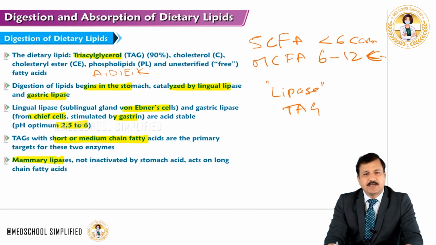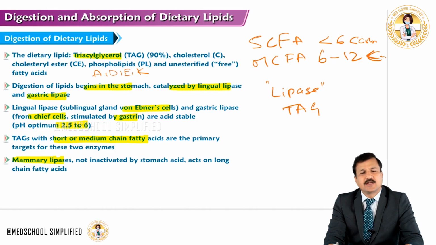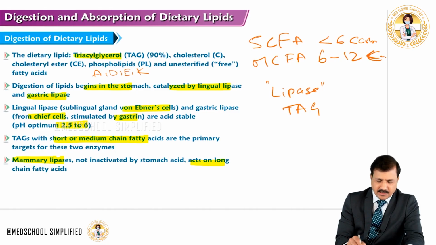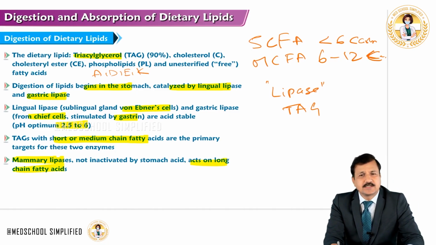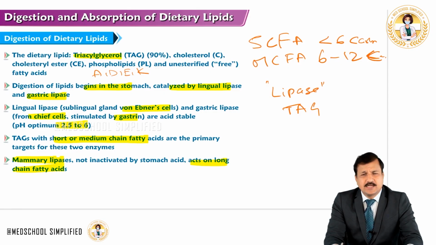The mammary lipase is not inactivated by acid present in the stomach, and it will be acting on long chain fatty acids which are present in a triacylglycerol that is synthesized and secreted by a lactating mother.